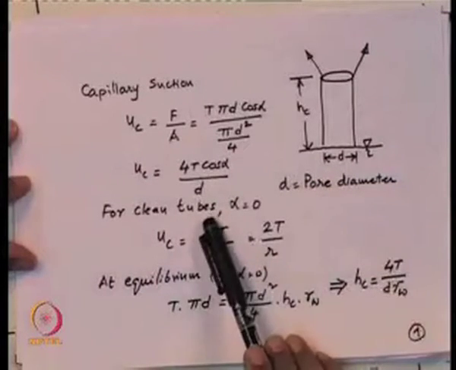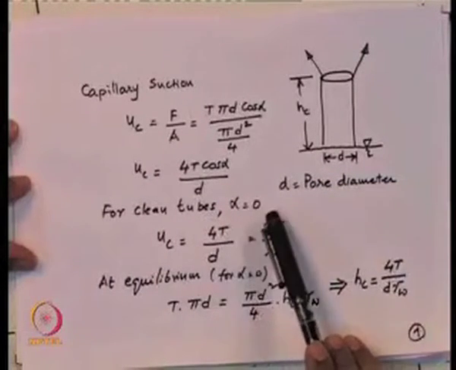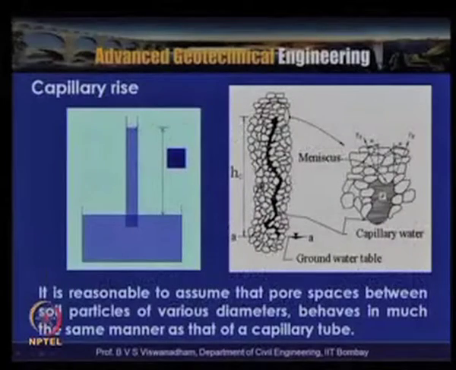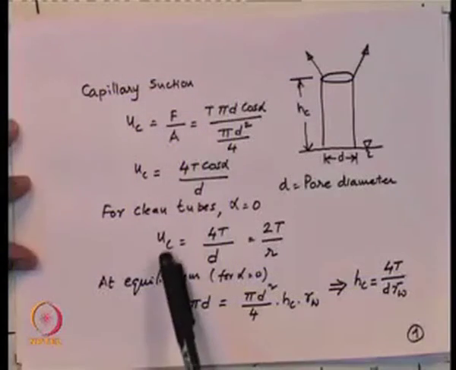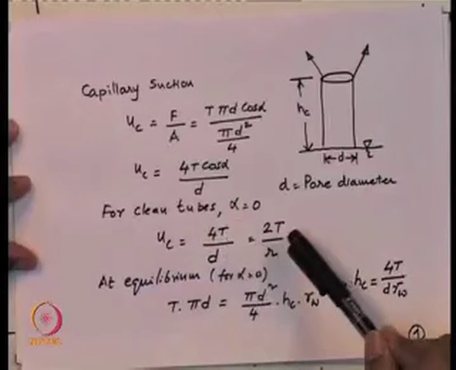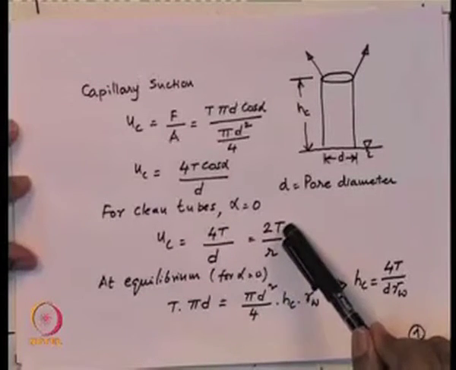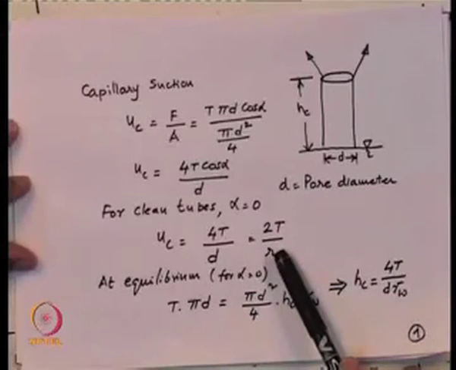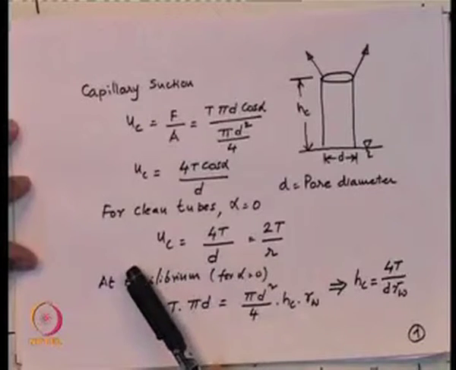For clean tubes, alpha is equal to 0, or for the interconnected voids we are seeing here, if they are non-contaminated, then we can take alpha equal to 0. With that, uc can be further simplified as 4T by d, and with that we can also write 2T by r. So you can see here, the smaller the pore radius, the larger is the capillary suction.